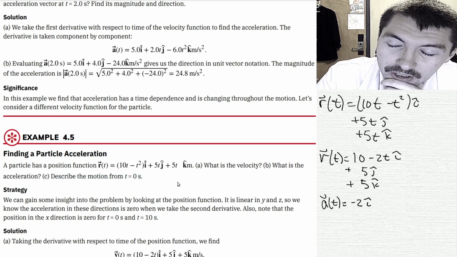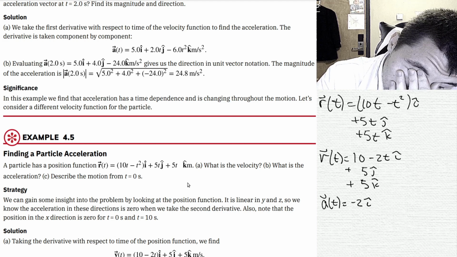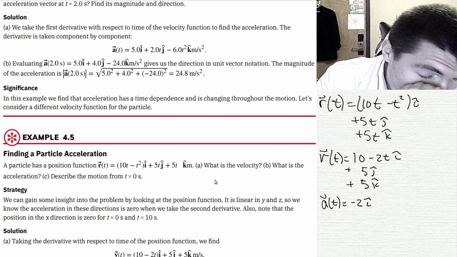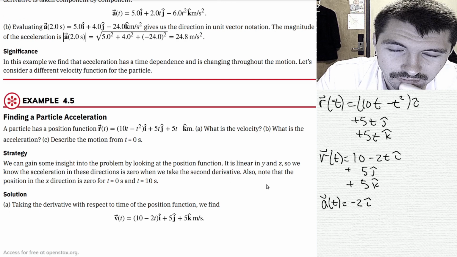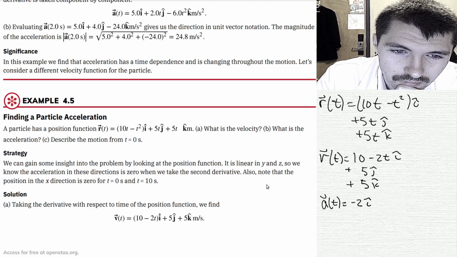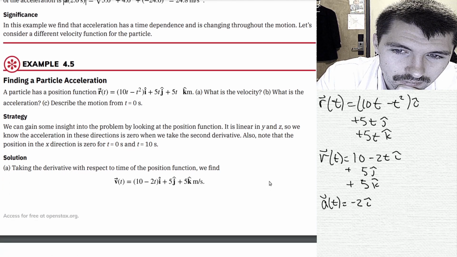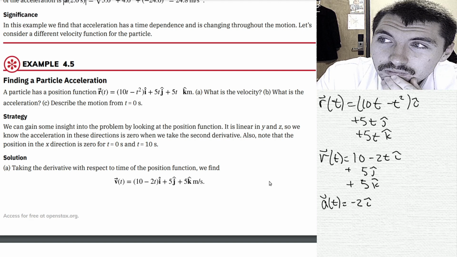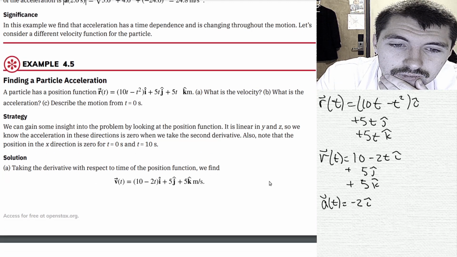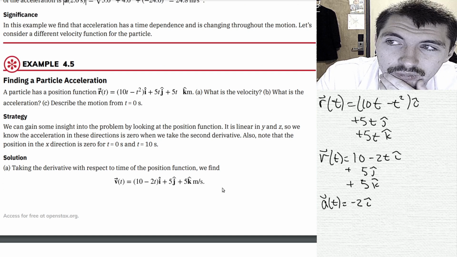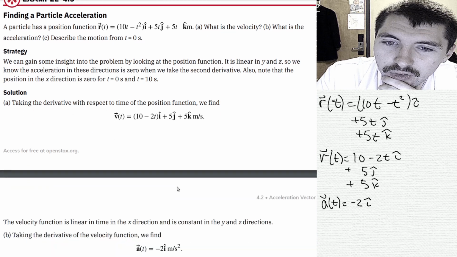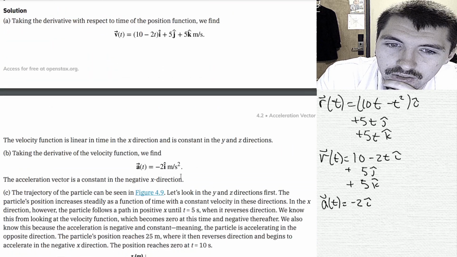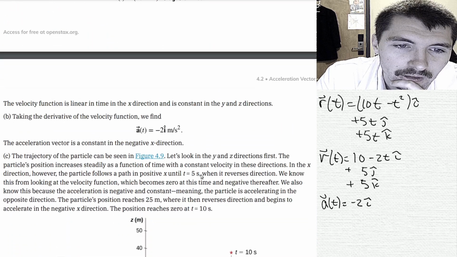I mean, we could find the magnitude, we could find v of t, 10 minus 2t, 5j, 5k, and minus 2i meters per second.